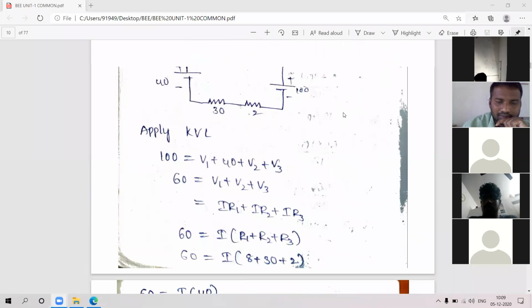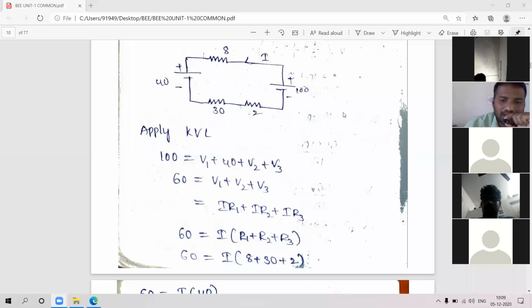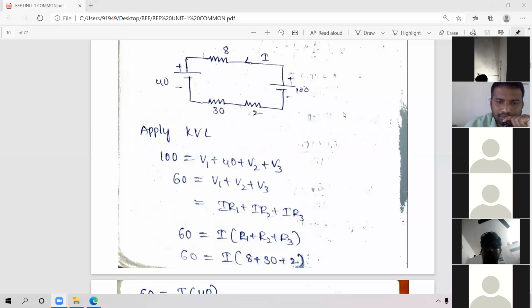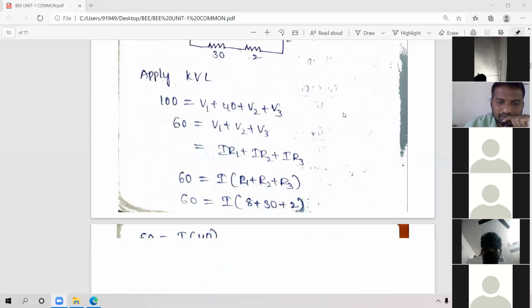How are they connected? Series. Series means you have to add all these values. That is the R equivalent. Sir, is it 1.5? Yes, correct.